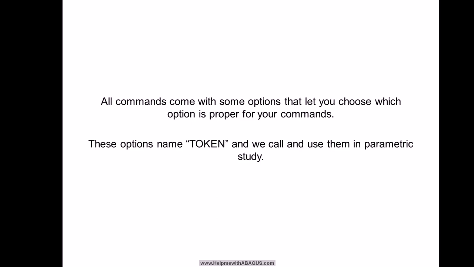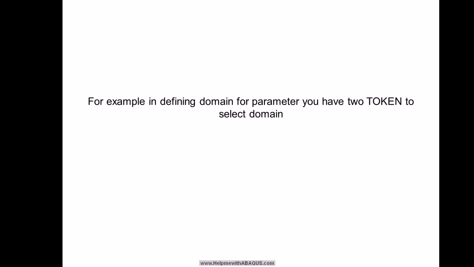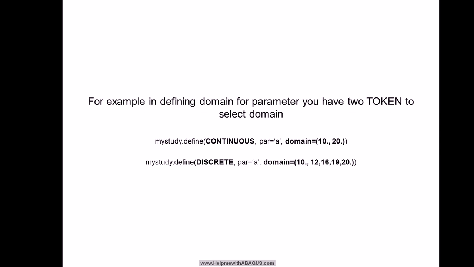These options are named tokens, and we call and use them in parametric study. For example, in defining the domain for a parameter, you have two tokens to select the domain: continuous and discrete.